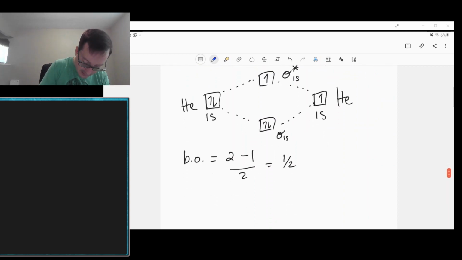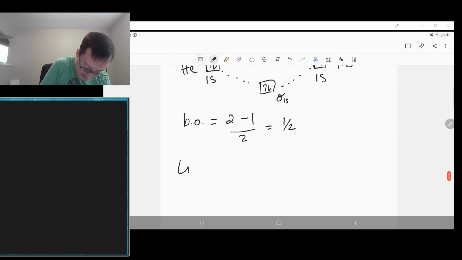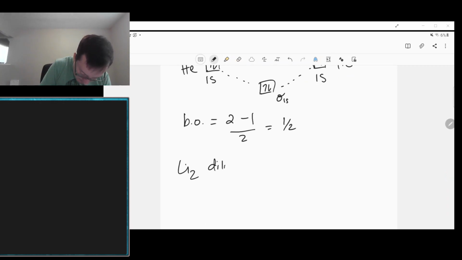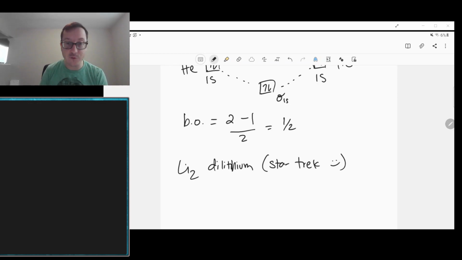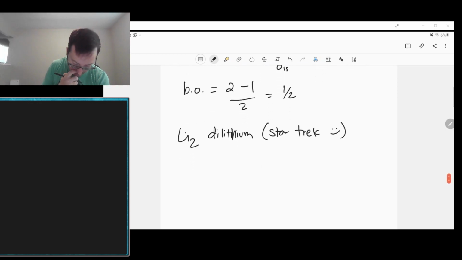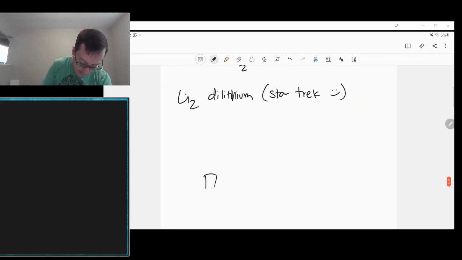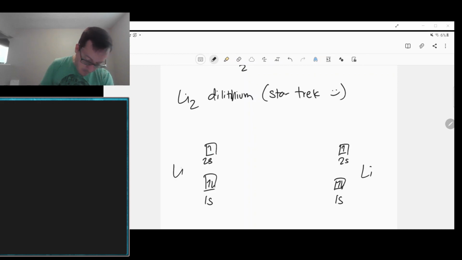All right, let's go on in our periodic table here. Let's look at lithium. Let's look at dilithium, for your Star Trek friends. It's their fuel source, right? Dilithium. Lithium has multiple things here.